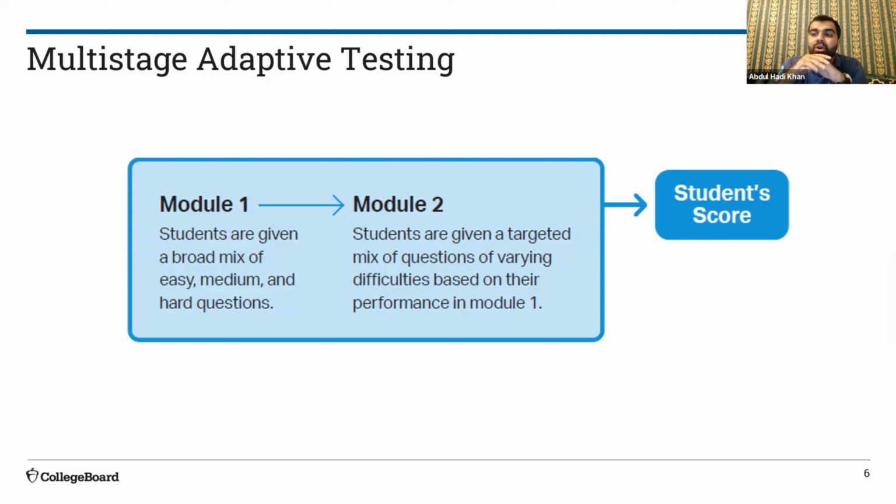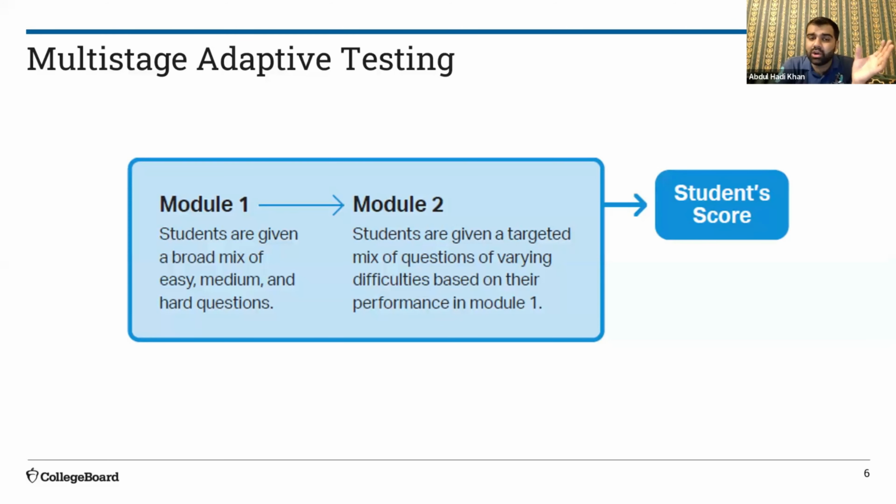Just because you're only seeing medium level questions and no harder questions, you will only be hitting a maximum score of, for example, 700 out of 800, and going beyond 700 will not be possible, just because you did not see any harder questions in module two, because you were not able to do well in hard questions in module one. So module two will exactly adapt based upon how you performed in module one.